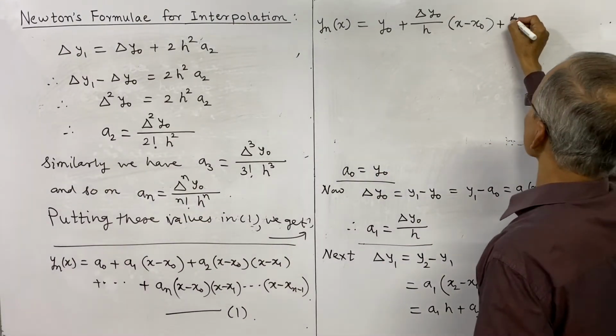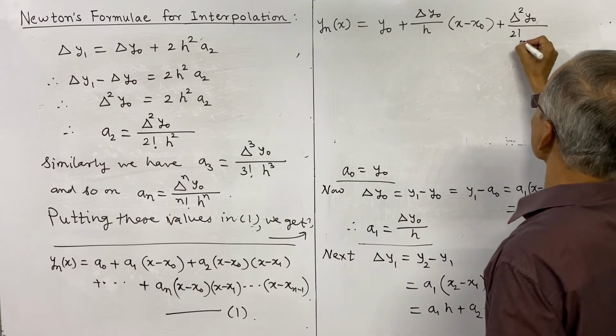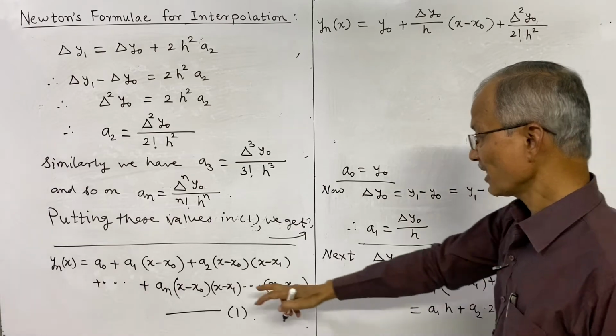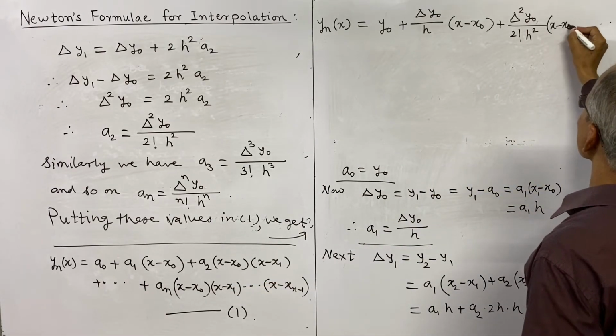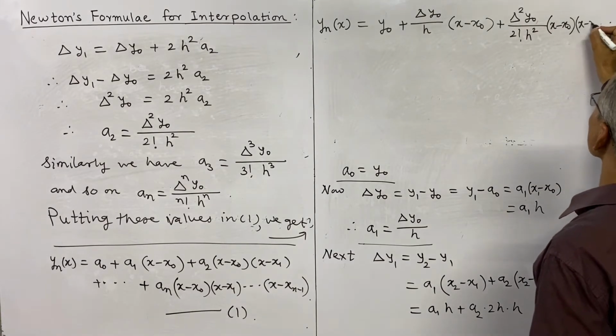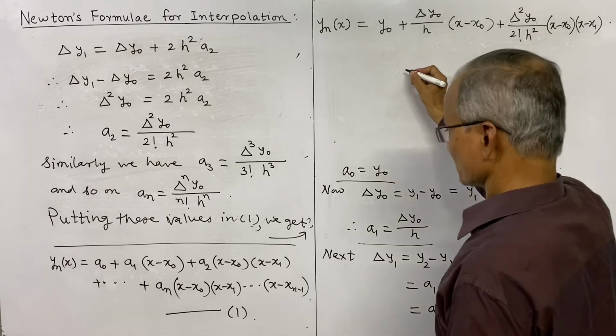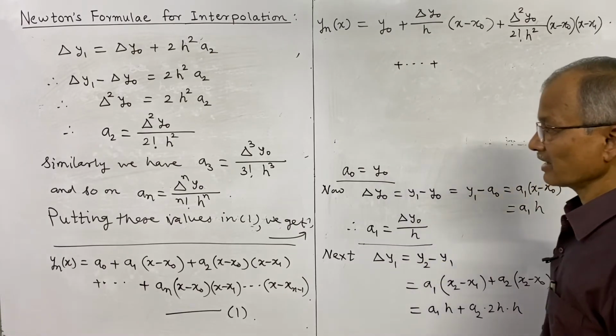A2 is delta square y naught divided by 2 factorial h square into x minus x naught into x minus x1, plus, and so on, plus what is an?